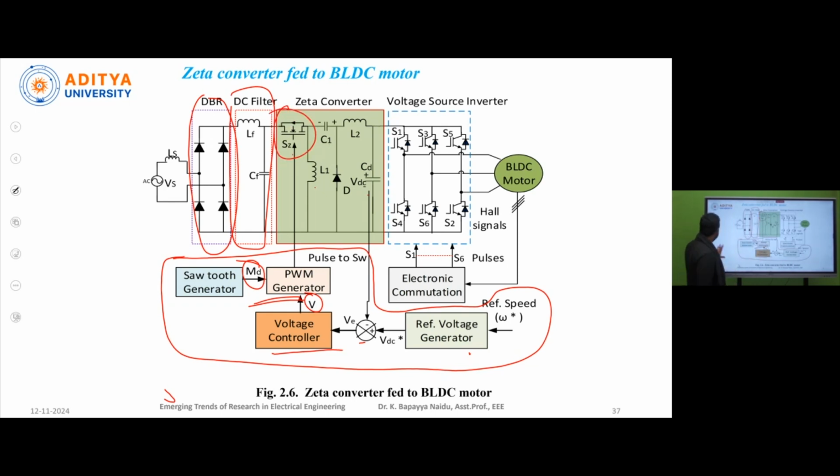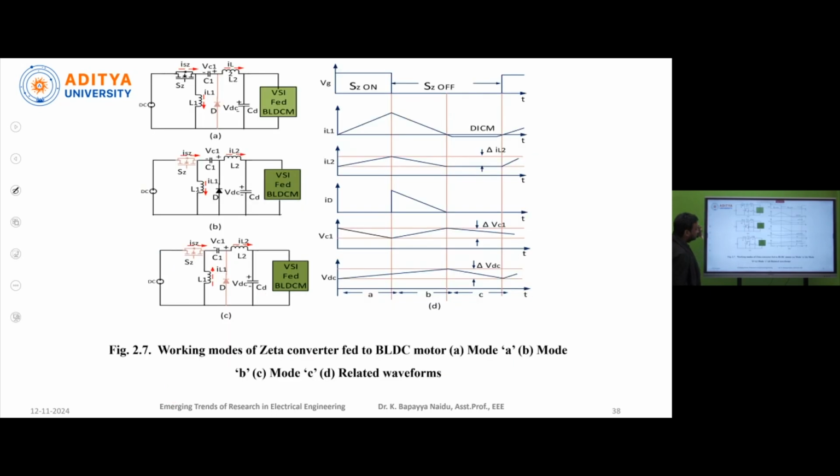Now coming to the different working modes of this zeta converter. Here also mode A, mode B and mode C. First in mode A, that means SZ is in on state, what happens?